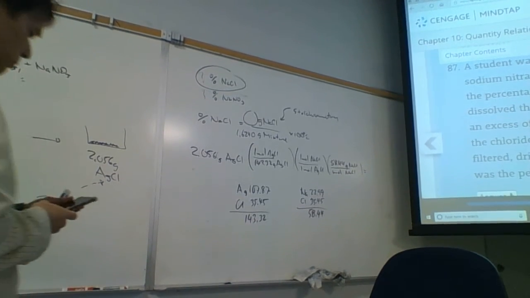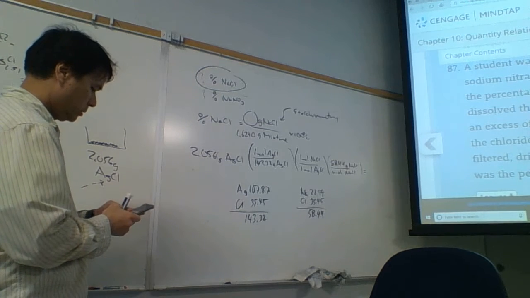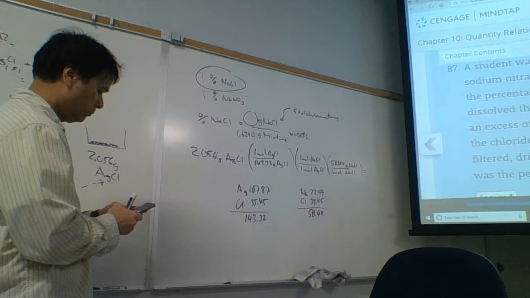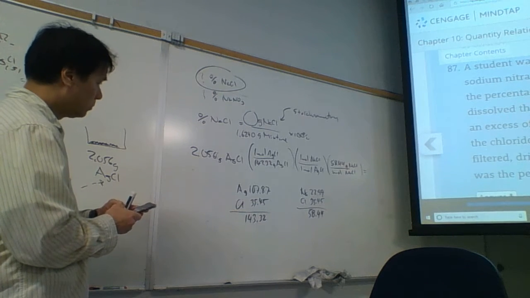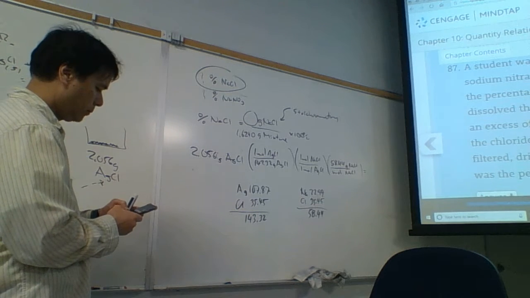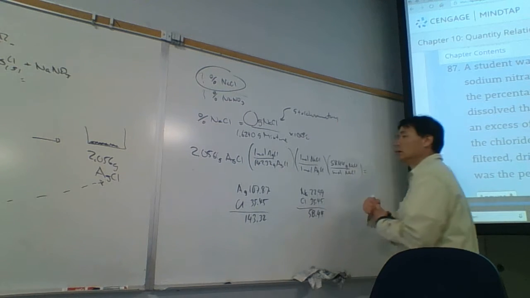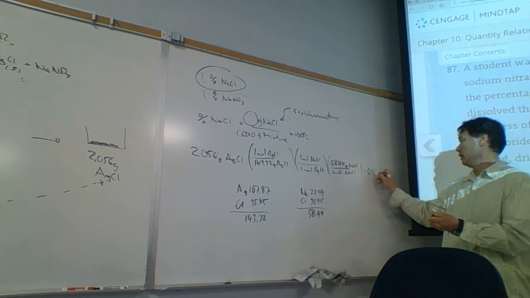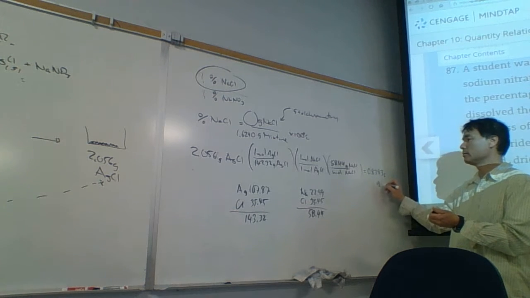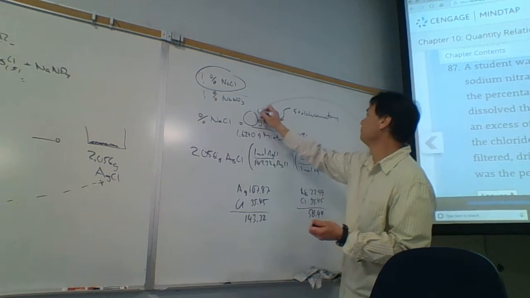So what does that come out to here? 2.056 divided by 143.32 times 58.44. 0.838, about 4 sig figs. 0.83835 grams of sodium chloride. And then we'll take this number and plug that in up here.